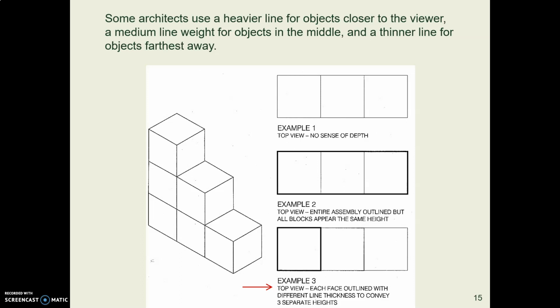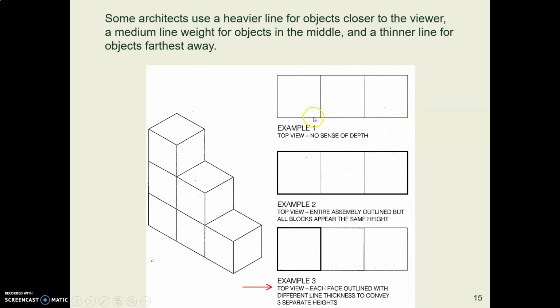And speaking of some drawings, some architects really like to use a whole library of line weights to communicate. And just as a simple example, here's a stack of cubes. And these three views here, these examples, show top views of the cubes looking down on the stack.